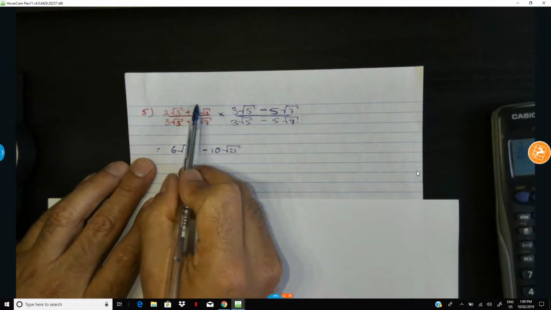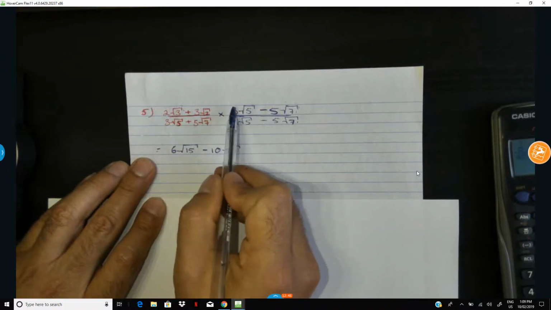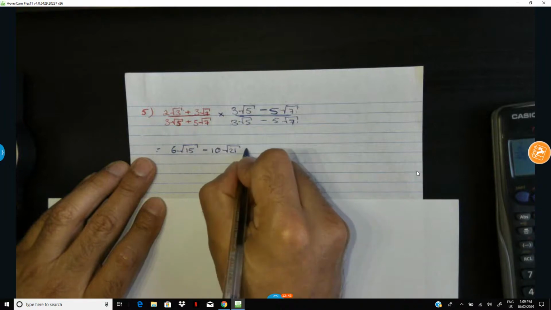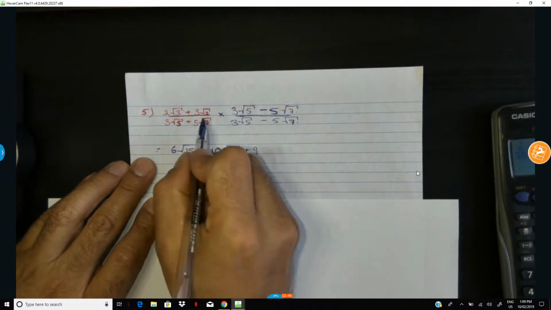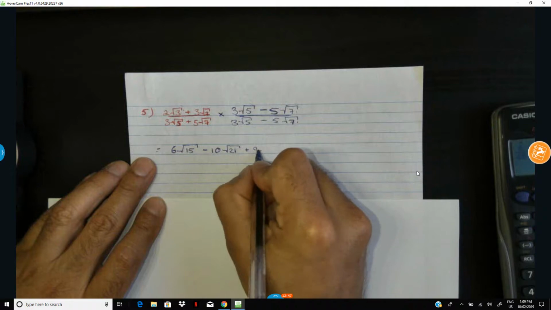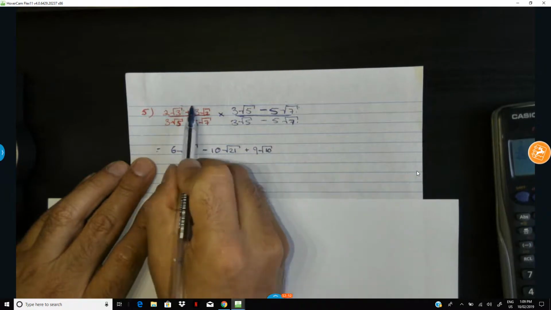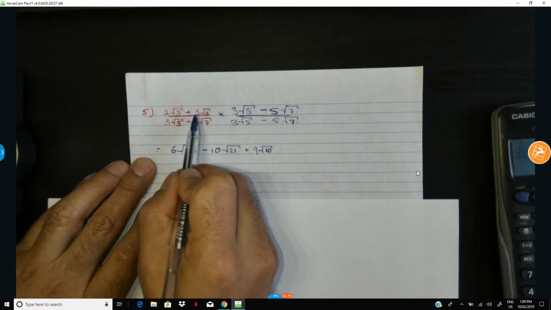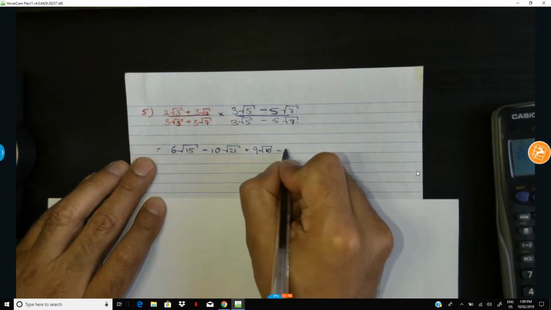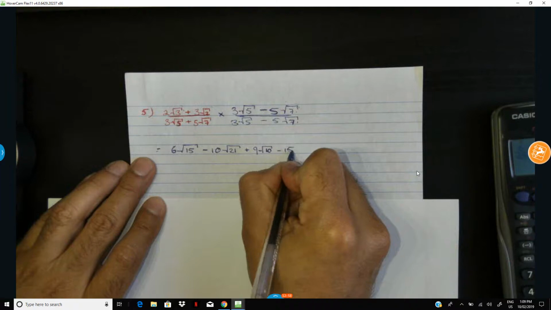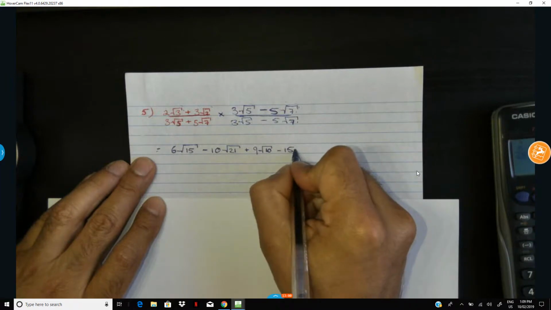Now this term multiplied by this term. So 3 times 3 is 9, and square root 2 times square root 5 is square root 10. And now it's this term multiplied by the last term. So 3 times negative 5 is negative 15, and square root 2 times square root 7 is square root 14.